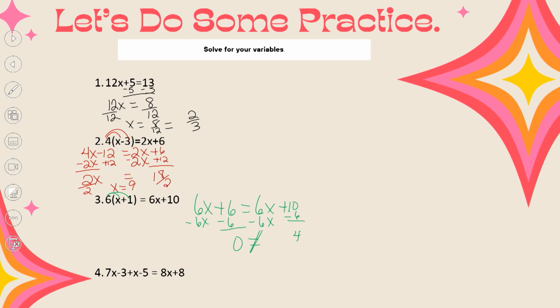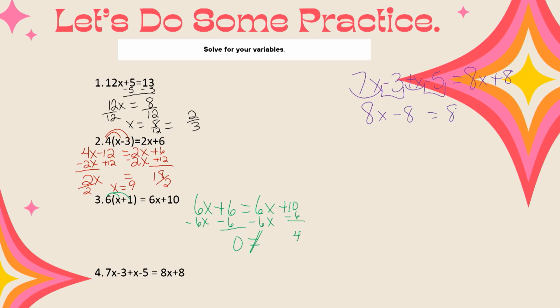So let's do this last one. So I'm going to write it over here so I can have more room. All right, so here we go. I am putting my like terms together, and I'm going to use my swoosh method. So I have 8x, negative 3 minus 5 would be a negative 8. I'm going to put my variables on the left side, my numbers on the right.